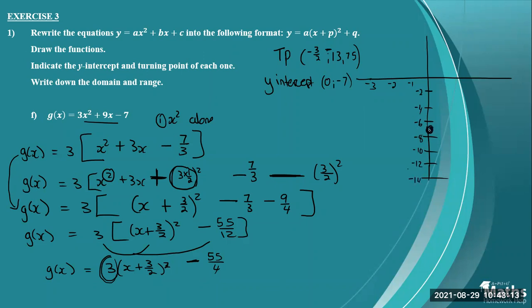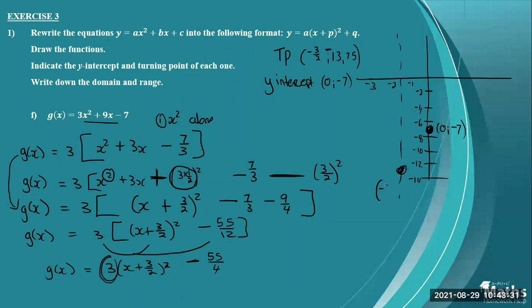Y-intercept is then there at 0 and negative 7. Turning point, negative 1.5. So it will lie on this line. And at negative 13,75. So it's going to be here.